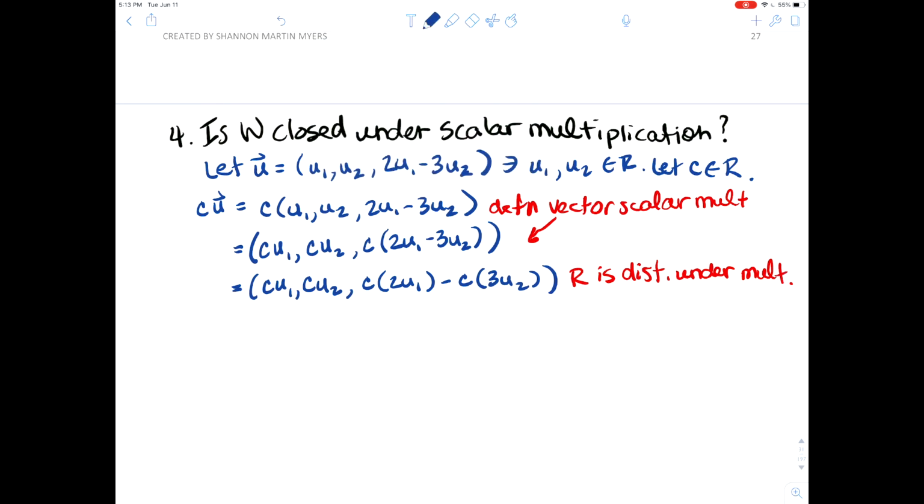All right, almost there. So we'll have cU1, comma, cU2, comma. Now we're going to use which one? Beautiful, the associative property. So this is equivalent to 2 times quantity cU1 minus 3 times quantity cU2. And that is legal because the set of real numbers is associative under multiplication.